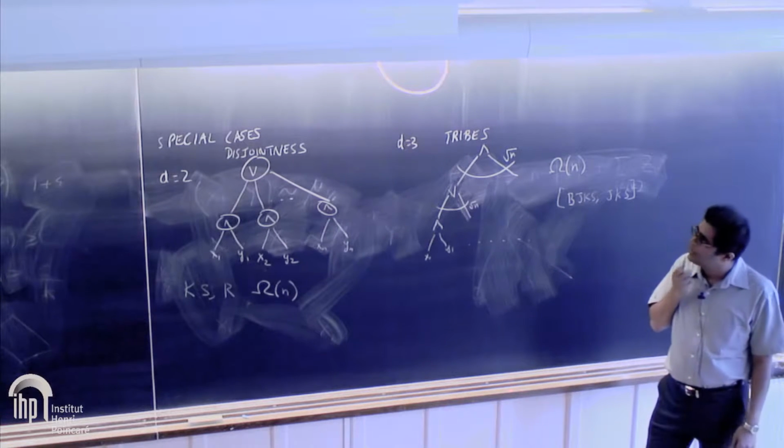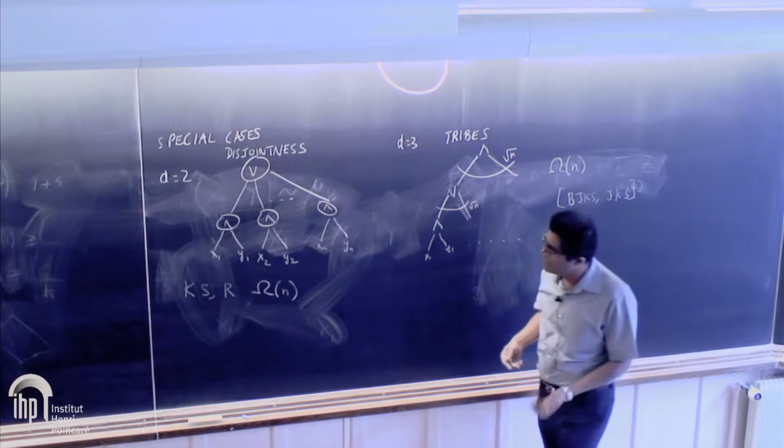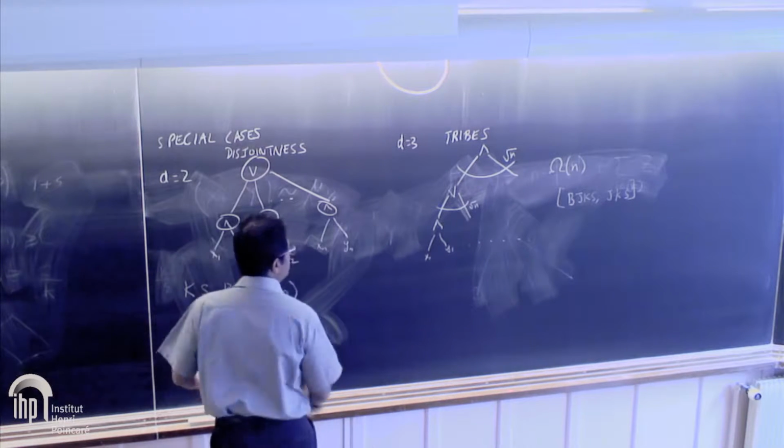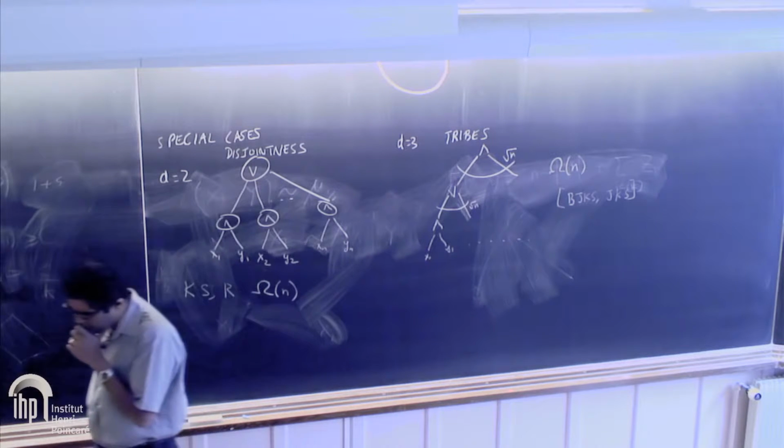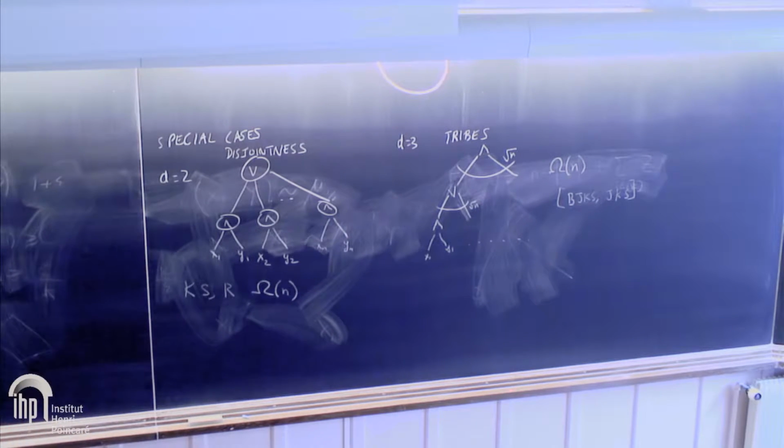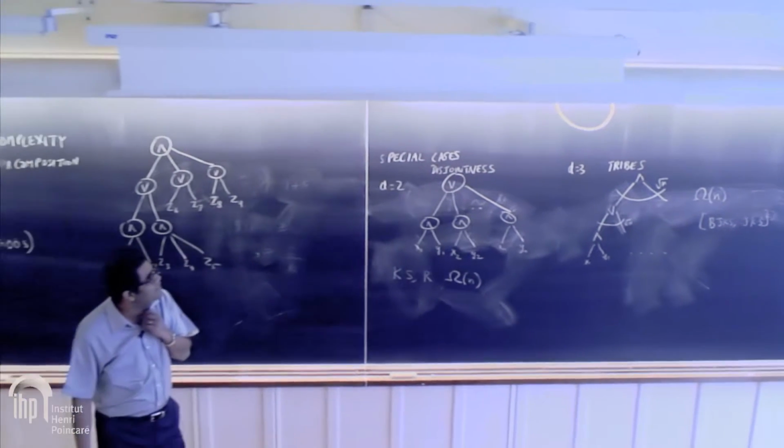So already we see two famous techniques here: the corruption bound, and then information complexity. So now the question is, what happens at larger depth?